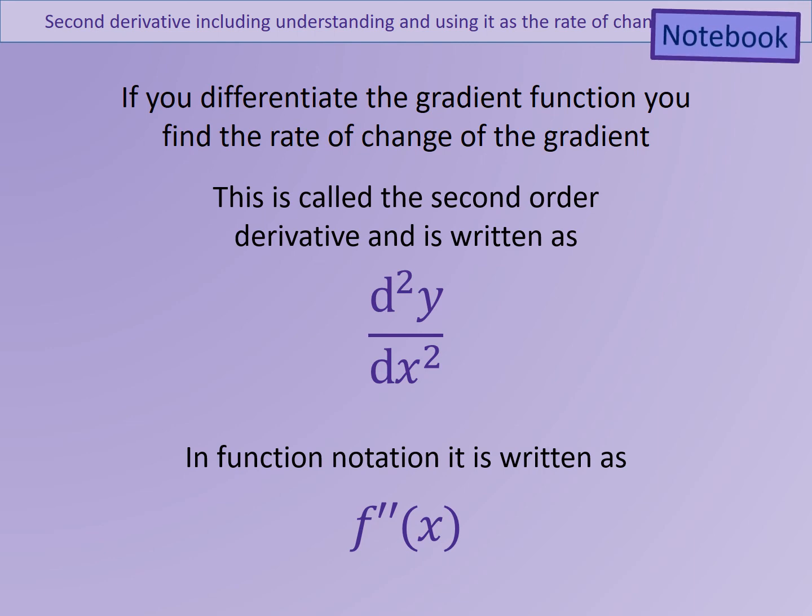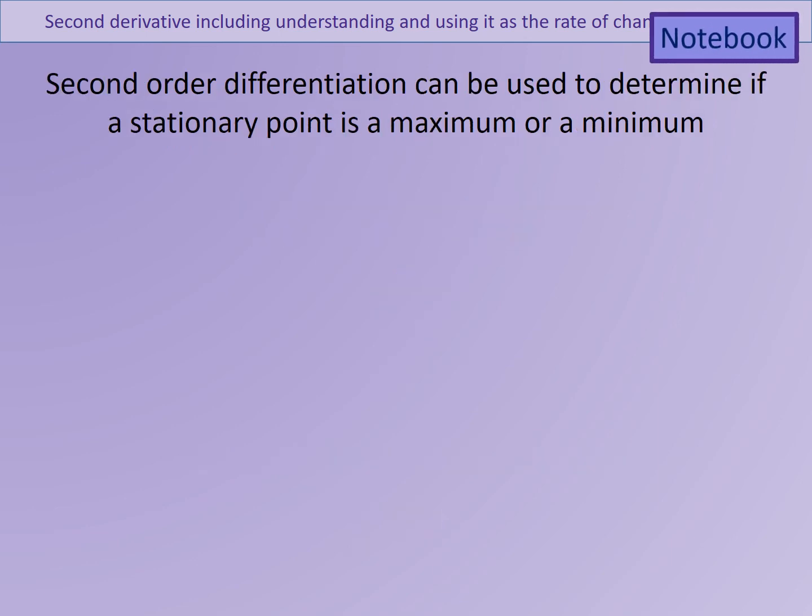If, however, we have a function given to us and we're using function notation, then the second derivative will be given as f double dash x. Now, second order derivatives are really useful, but they're only really useful for one thing, but that one thing they're very good at, and that is to allow you to decide whether a stationary point is a maximum or a minimum.